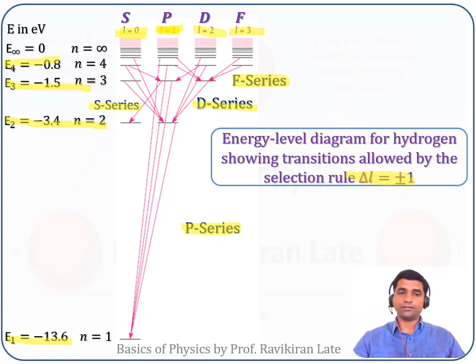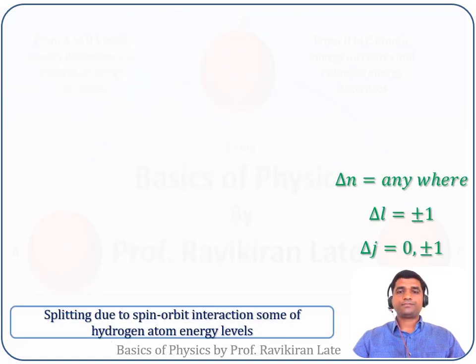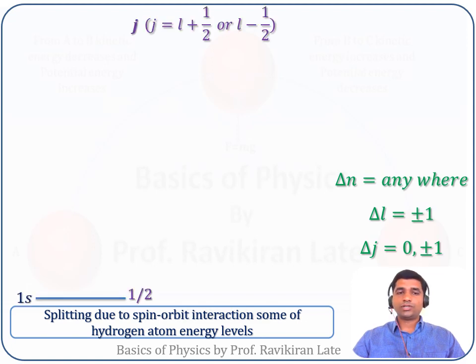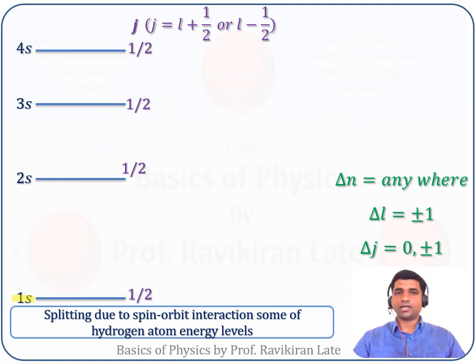for a hydrogen atom. Now consider the splitting due to the spin orbit interaction of some of the hydrogen atom energy levels. We know that you have different orbitals. Let us say 1s level is there, then 2s level, 3s level, 4s level. You can have this angular momentum value for these s orbitals, because for s level L is equal to 0 and S is equal to 1 half.